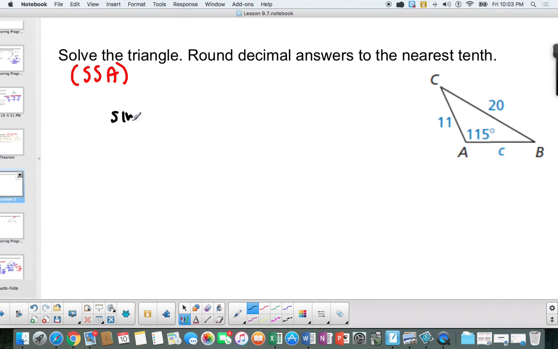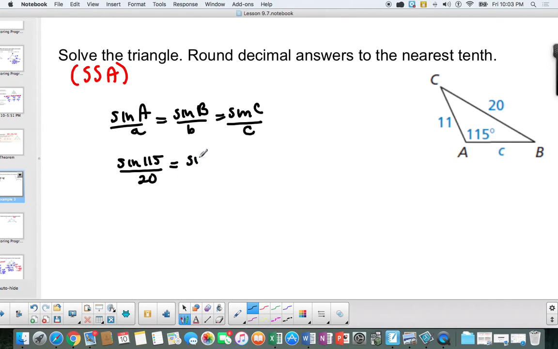I'm going to write out the formula, sine of A over side A, sine of angle B over side B, sine of angle C over side C. And I have the sine of 115 all over 20 equals sine of angle B over 11 and sine of C all over little c.